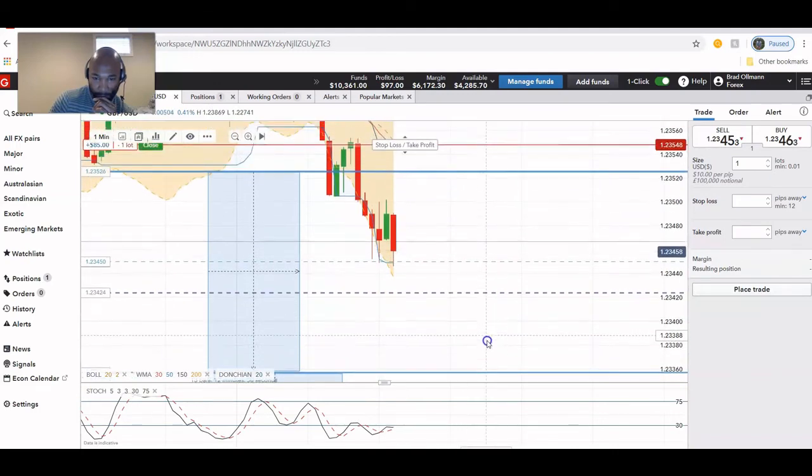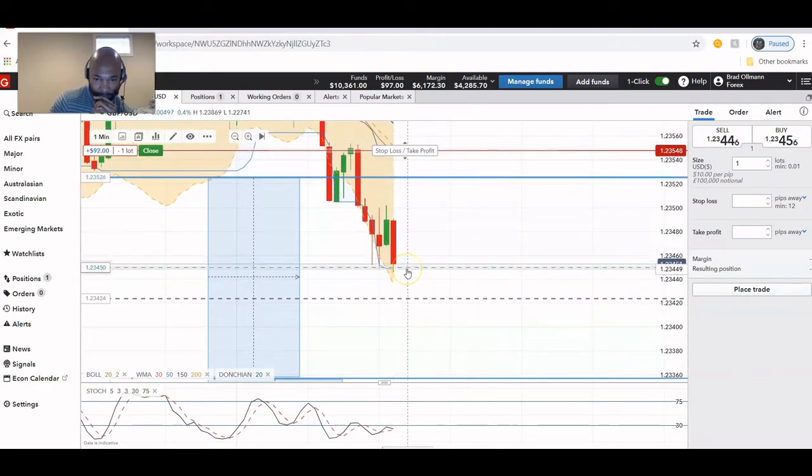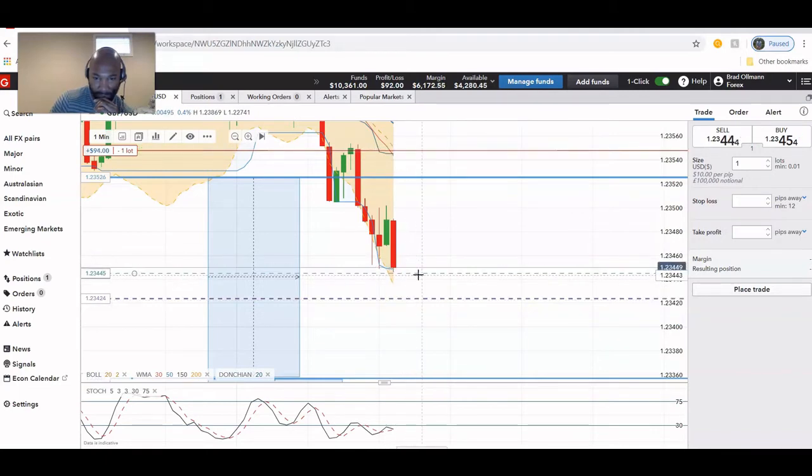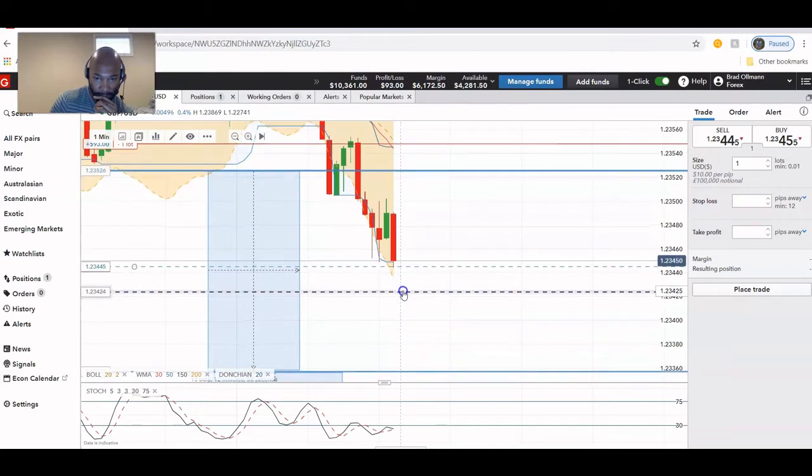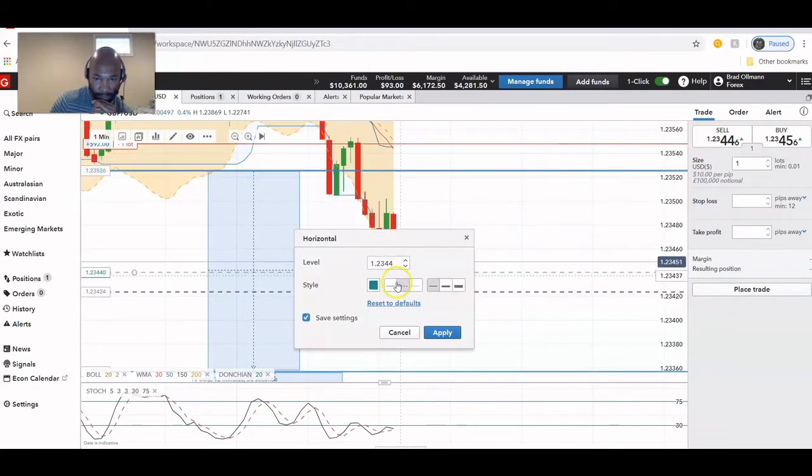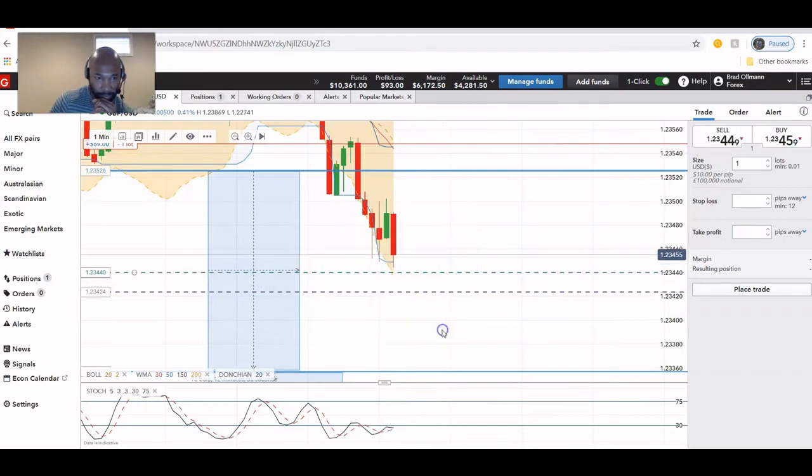That'll be amazing. It's not giving us 10 pips yet. So that will be for 10 pips. That's the line for 10 pips. Let's see what it does.